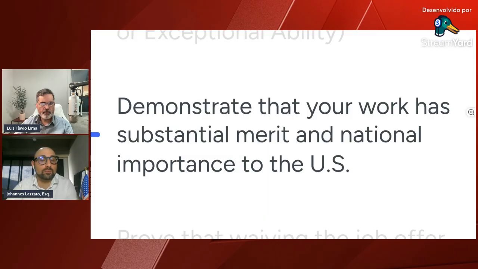And we've worked with really a lot of candidates to prove national importance, right? So, for instance, this could be if you are a cybersecurity professional. This is one of the fields that is really prone to proving national importance, right? It's something where we can easily prove how the threats coming from cybersecurity is a major issue in the US, especially for small businesses.